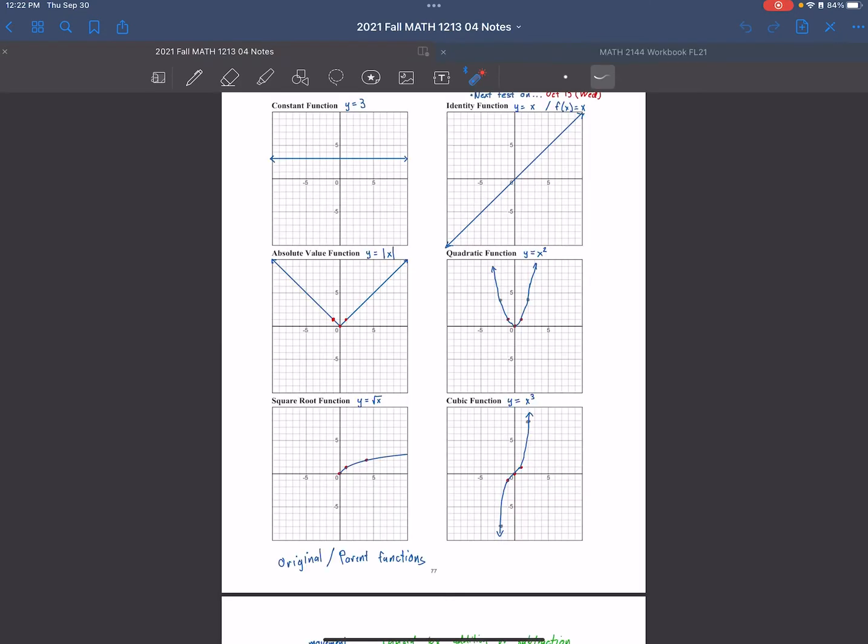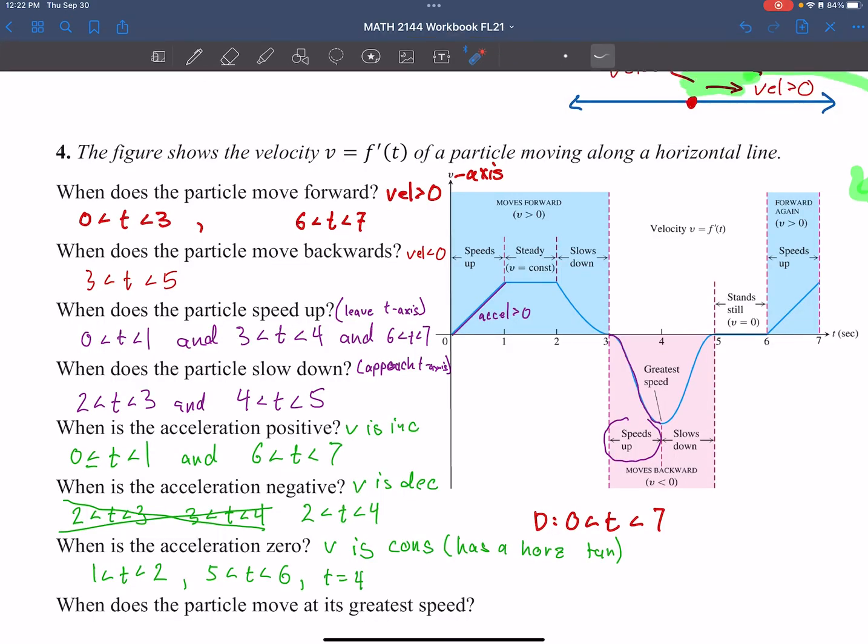There's one more scenario, and that would be when it's increasing. It would be from 4 is less than t is less than 5, right? That's what you're thinking? Yes. No, that's good. I think I just missed writing it. Yep. Any other questions so far?